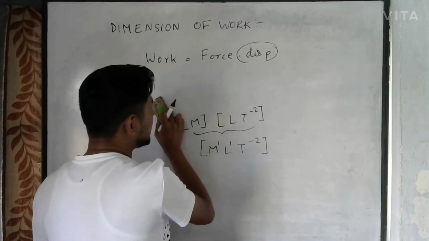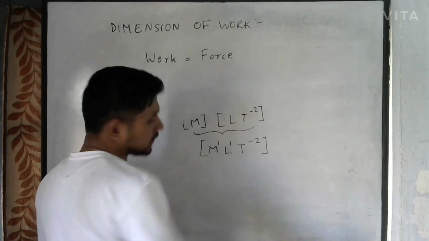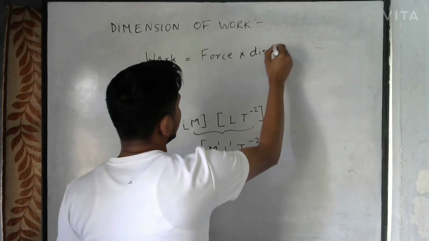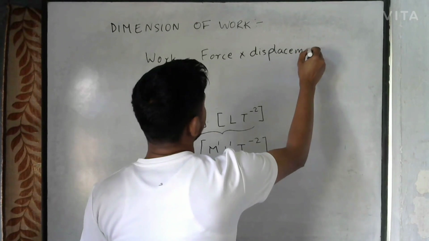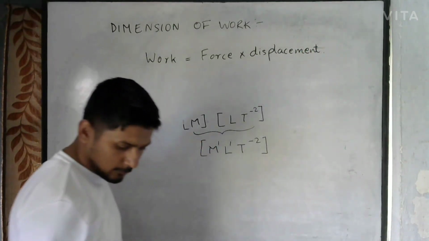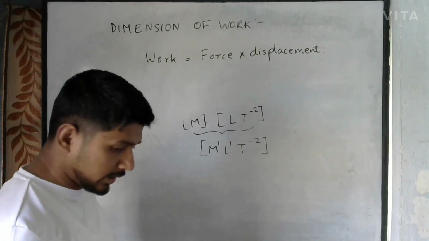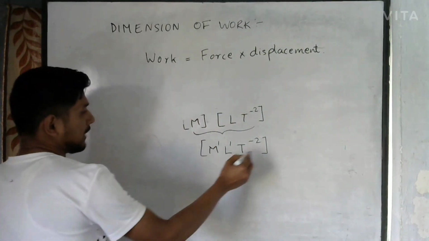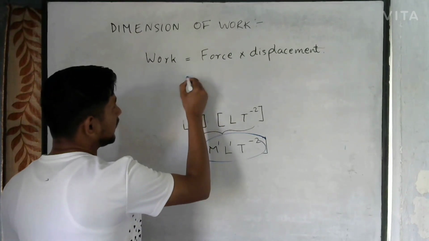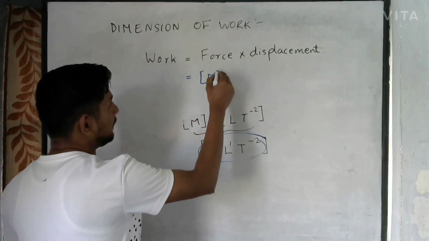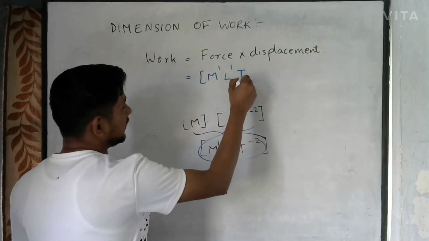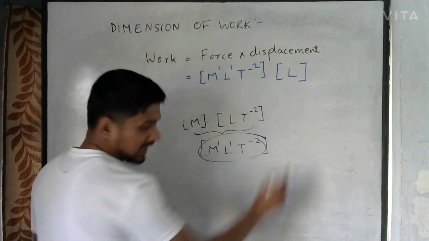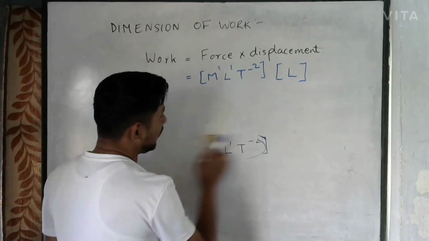Let's find out the dimension of this one. So force into displacement, right? Now what I will do is I'll just put the dimension of force here. What is the dimension of force? I've already calculated this for you. This is going to be M^1 L^1 T^-2, and then the dimension of displacement is L. Don't write this now, let me just finish this.